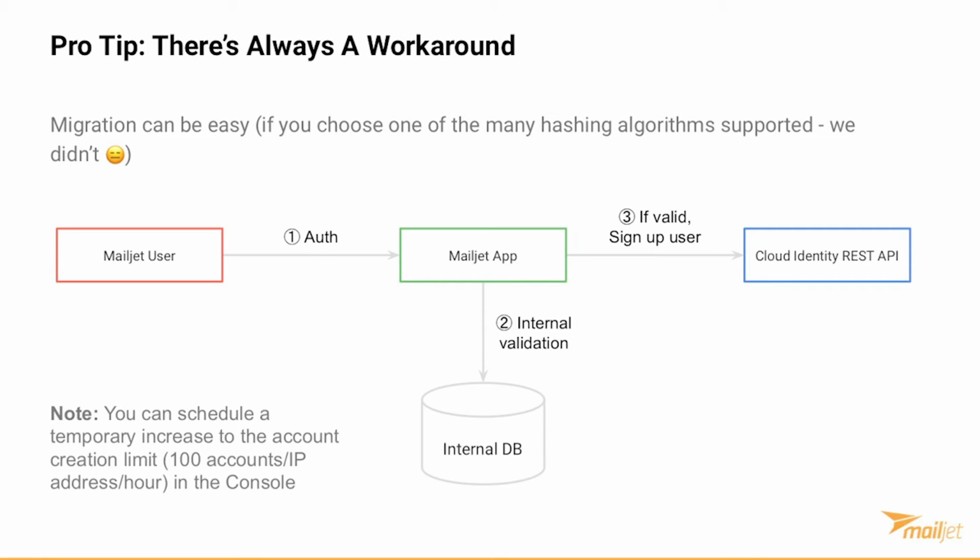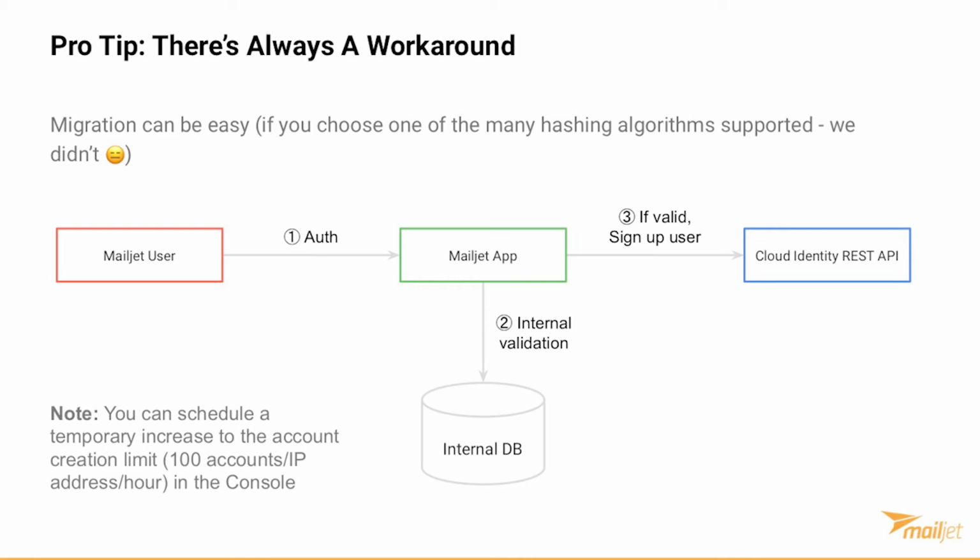There are a lot of ways to do that. We decided to do it like that because we didn't want to lose a lot of users' time when they log in. In identity platform, there are quotas.